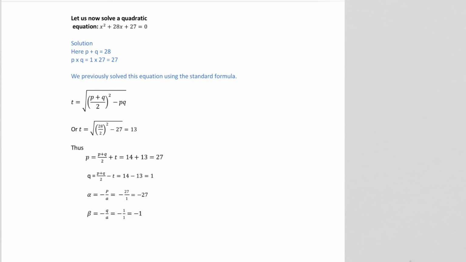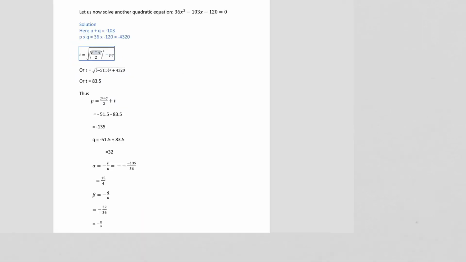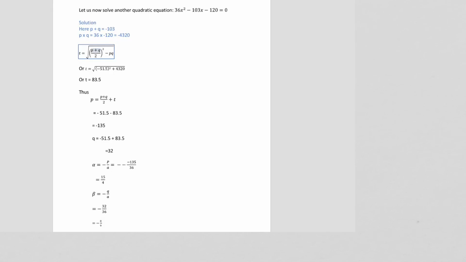Now let's solve another equation. 36x squared minus 103x minus 120 is equal to 0. Here we see that p plus q is minus 103 and p into q is 36 into minus 120, equal to minus 4320.